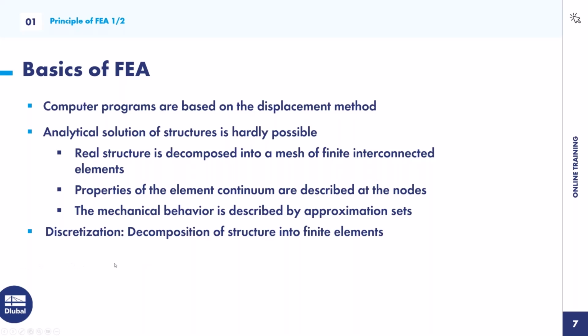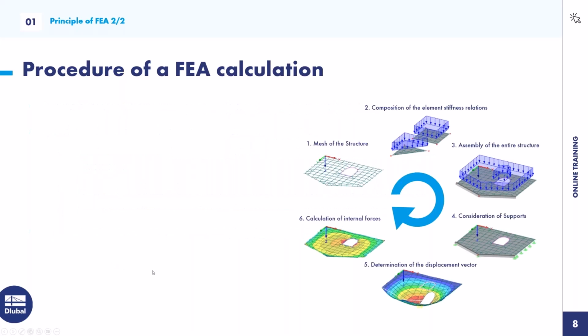And to make it a bit more clear, we have it also in a sketch, where I will explain it in 6 easy steps how a finite element analysis calculation is carried out. So the first step would be the discretization.